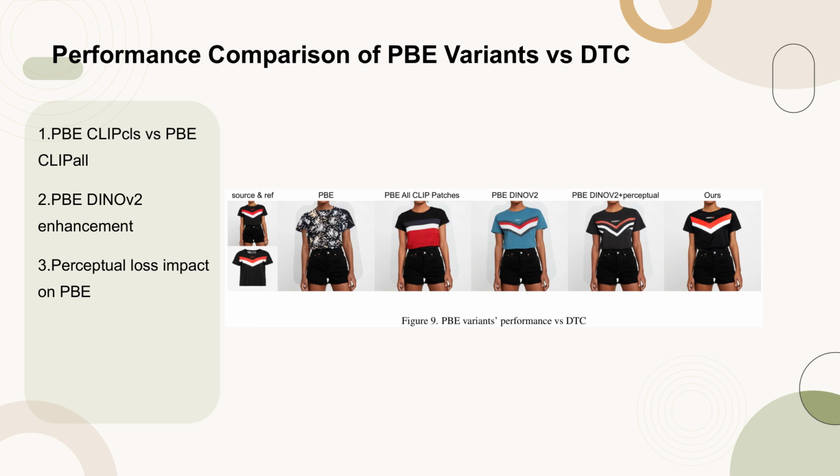Additionally, augmenting the image encoder with DINOv2 significantly enhances performance. The inclusion of perceptual loss provides a marginal improvement, particularly in scenarios where the model initially struggled with basic features like color. DTC, however, demonstrates superior performance, especially in preserving fine-grained details of items.